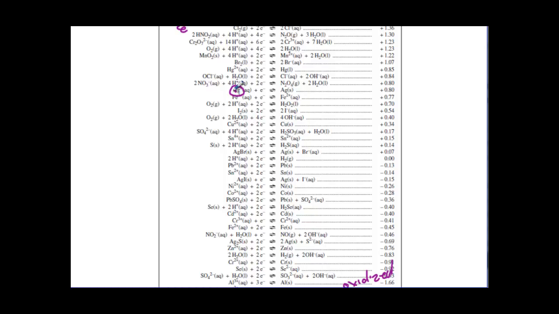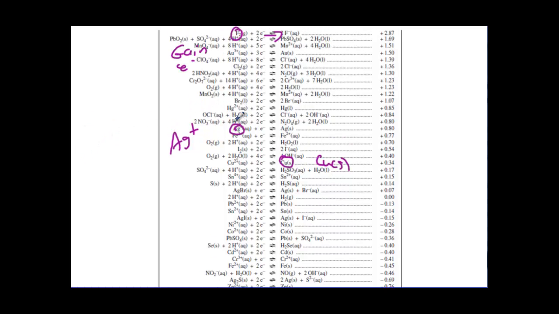Here's silver plus. Where are you, copper? There's copper. This is the reaction we just did: silver plus and copper solid, I think, is what I just did as a reaction. Here silver is fairly likely to want to gain electrons. It's pretty good on the side of the table.